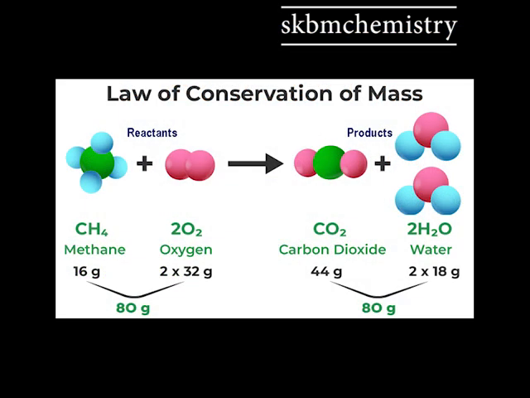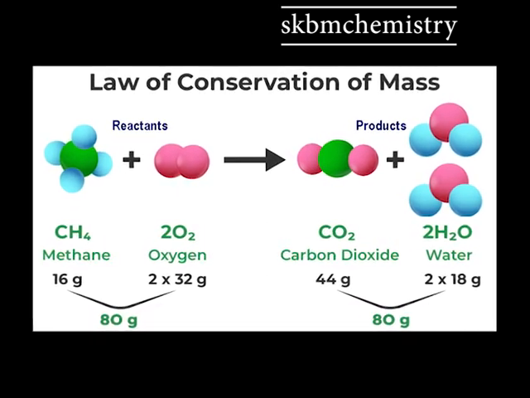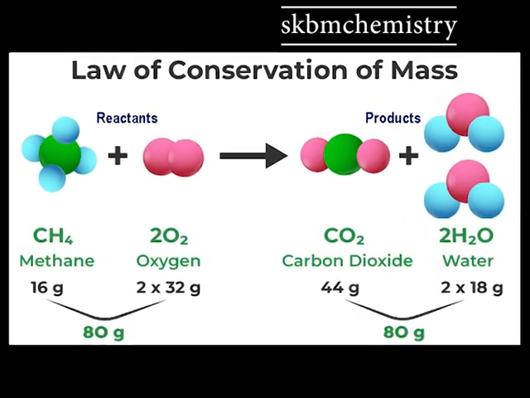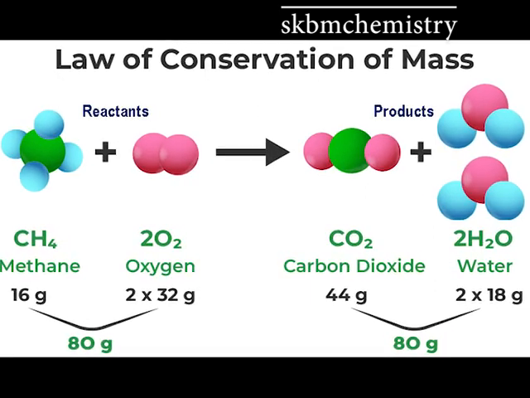The law of conservation of mass can be illustrated by taking the reaction between methane and oxygen to give carbon dioxide and water. In this particular reaction, you can see that 16 gram of methane reacts with 2 into 32 gram of oxygen to give 44 gram of carbon dioxide and 2 into 18 or 36 grams of water.